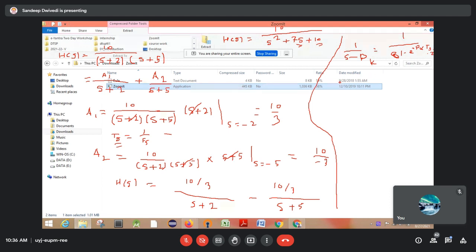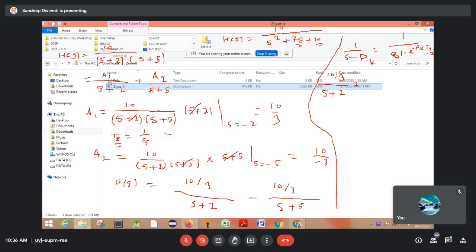So here for the first one, that is 10 by 3 upon s plus 2, the pole is s equal to minus 2.